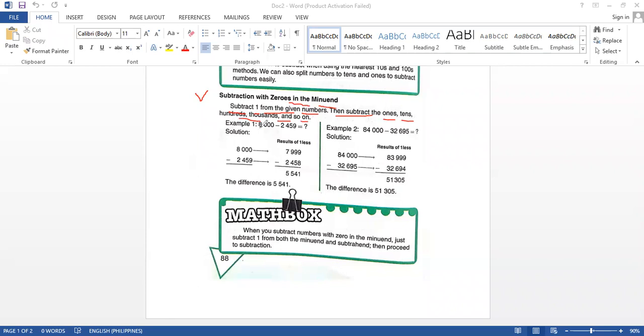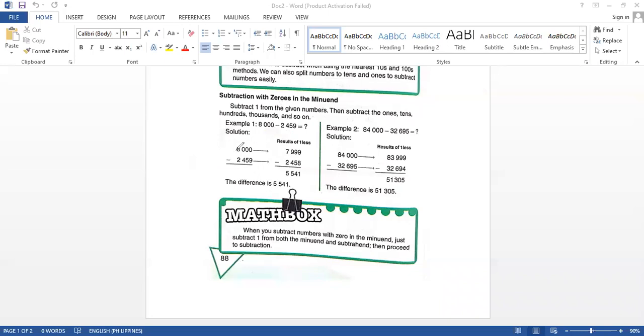So let's do the example. 8,000 minus 2,459. So here, we're not going to use the borrowing method. So what are we going to do?